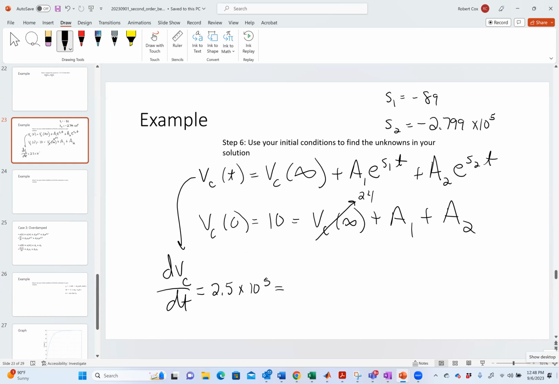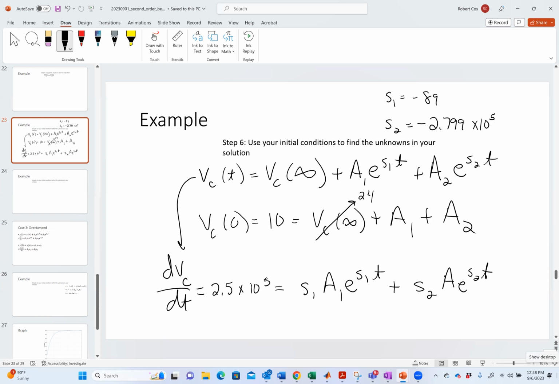Now, if I take the derivative of this guy, what do I get? It's not that ugly, it actually turns out to be not too bad. What's the derivative of Vc of infinity? That's a constant number, so that's 0. The derivative of A1 e to the S1t is S1 A1 e to the S1t, the S1 just comes down. And for the other one, it's S2 times A2 e to the S2t.